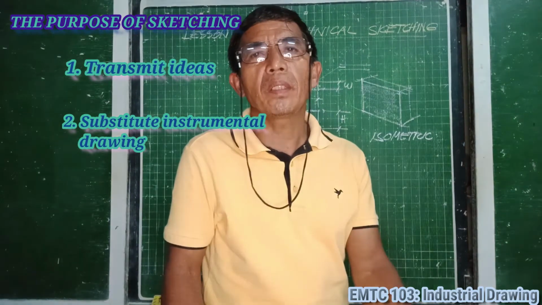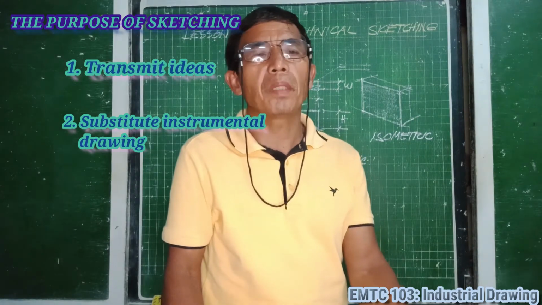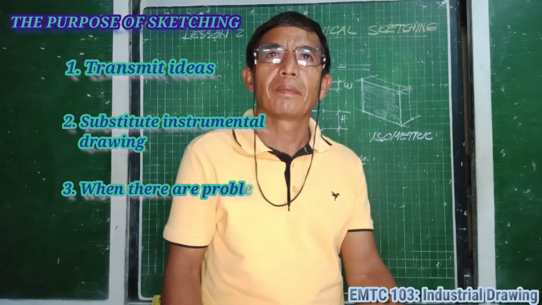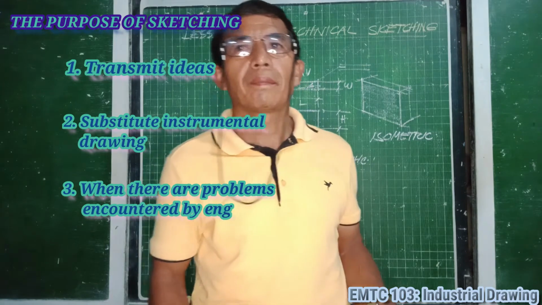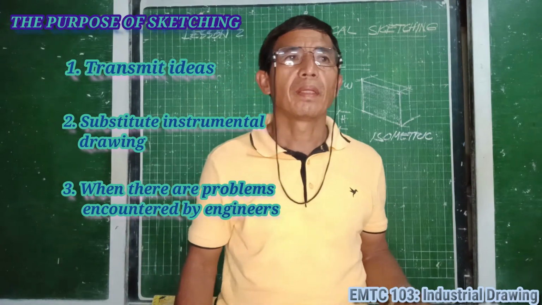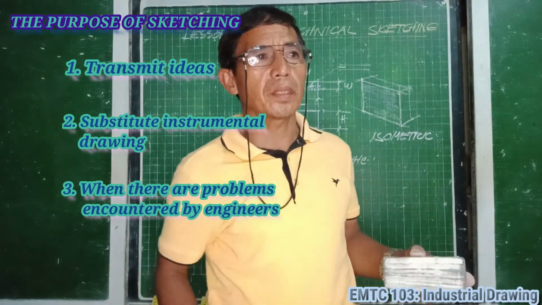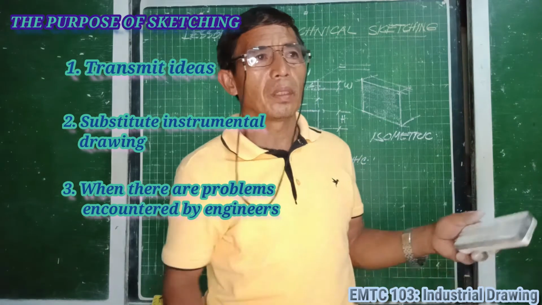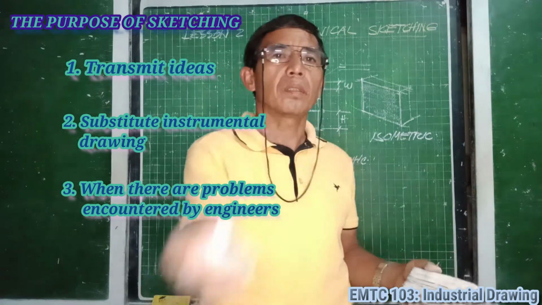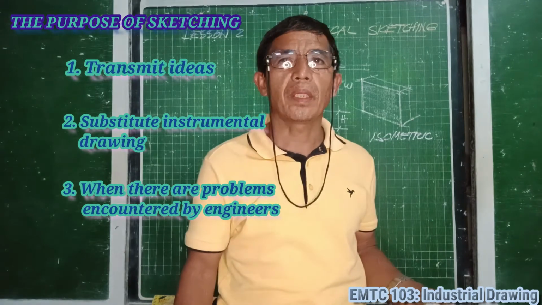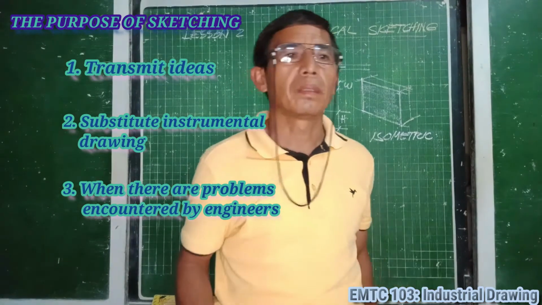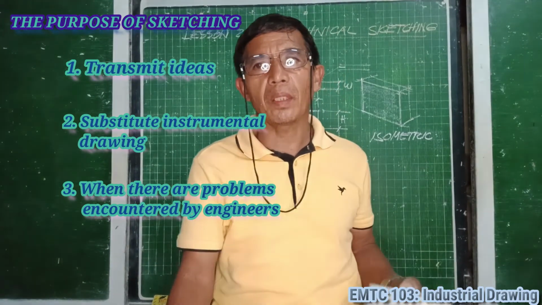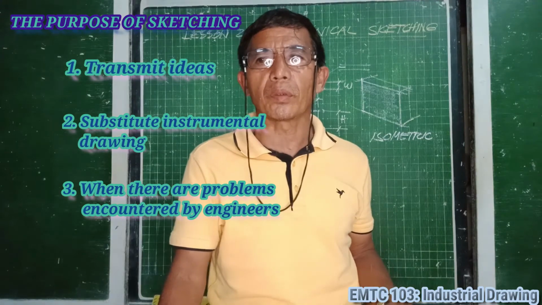Another is when there are problems encountered by the engineer or a worker that need a solution. You need to use technical sketch. You do not need a compass, T-square, or computer; just draw it freehand. This is for immediate solutions.